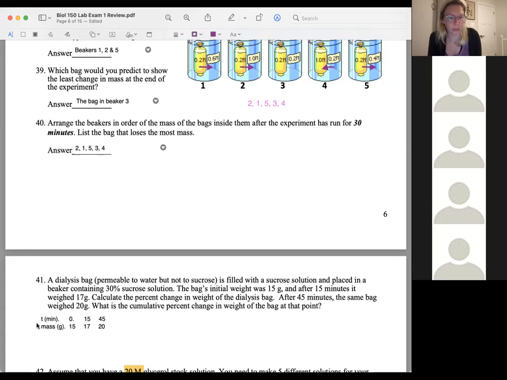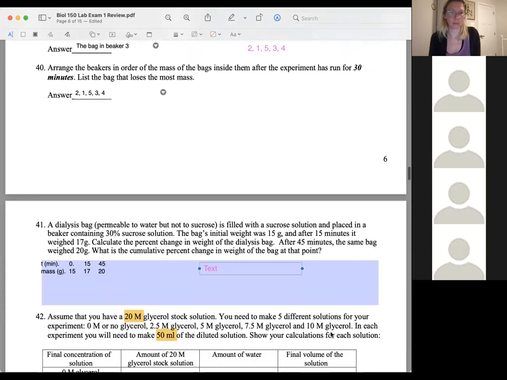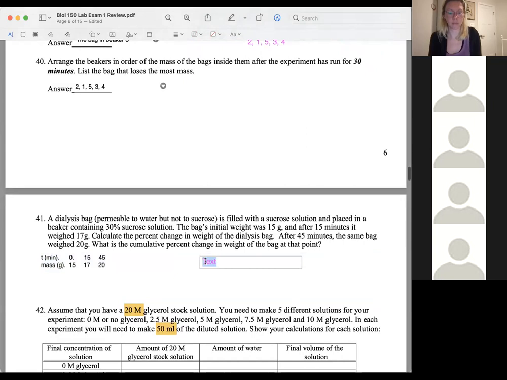All right, so using this information, how are we going to calculate percent change? What is our formula for percent change? It's the mass at the time you want to use, and then you subtract the mass at 0 minutes, and then you divide that by the mass at 0 minutes again, and then you multiply by 100.